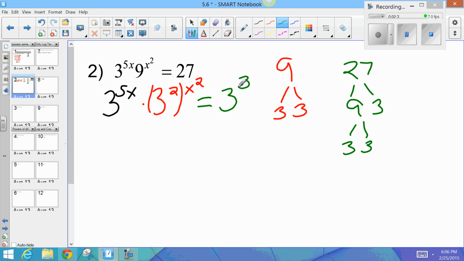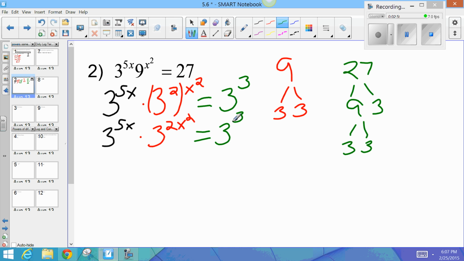All right, the red one can be simplified. By raising a power to a power, I multiply the exponents. So that's 3 to the power of 2x squared equals 3 to the power of 3.